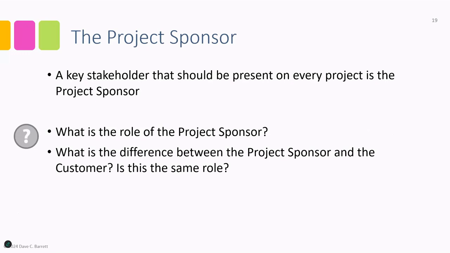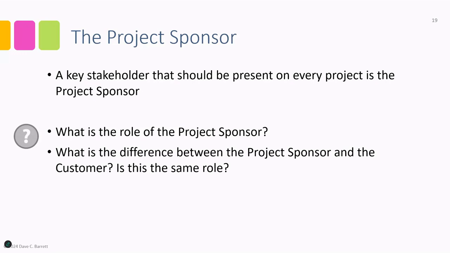The project sponsor provides the funding or the budget for the project. And this role is primarily involved in the overall direction of the project. It's key to note that the project sponsor is not the project manager, does not directly manage the project, but is the person who the project is being performed on behalf of. So has that oversight role that will come into play at various points during the project.